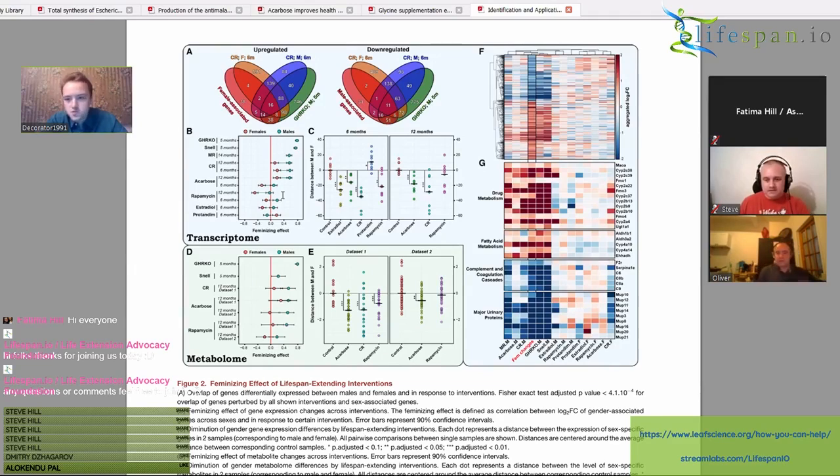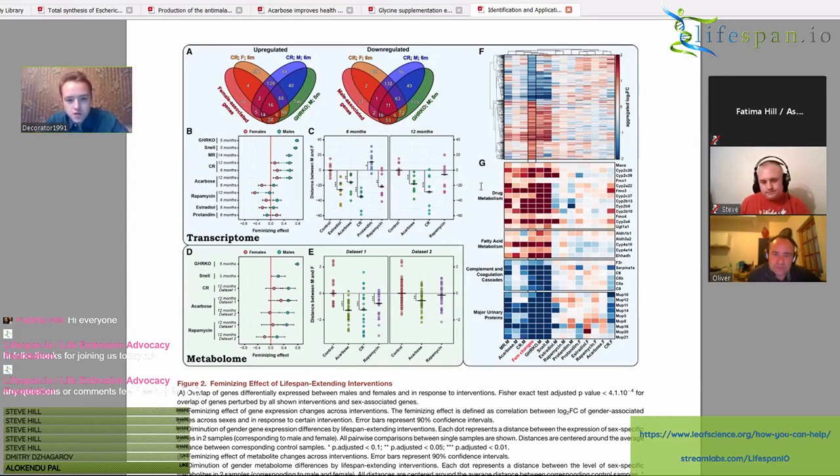Talking about moving to the common state, the diminishment of sex-specific differences is shown on panel C. Basically it is the difference between males and females. Every point here is the pairwise distance between two samples, one male and one female sample, so all pairwise combinations. In red, you have control mice, and all other points show different interventions.